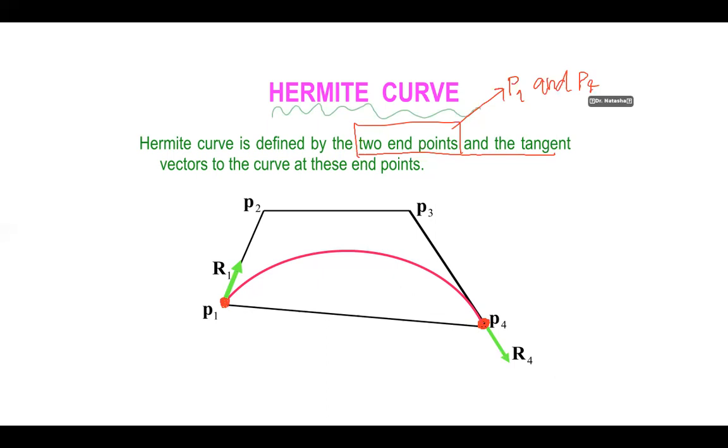And the tangent vector to the curve at these endpoints, that is R1 and R4. R1 is the tangent vector at point P1, and R4 is the tangent vector touching the curve at P4. So if we know four things, P1, P4, R1 and R4, we can draw or find a Hermite curve.